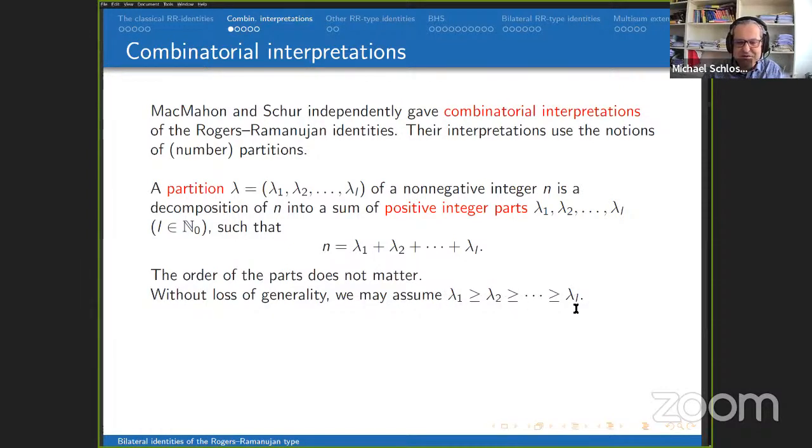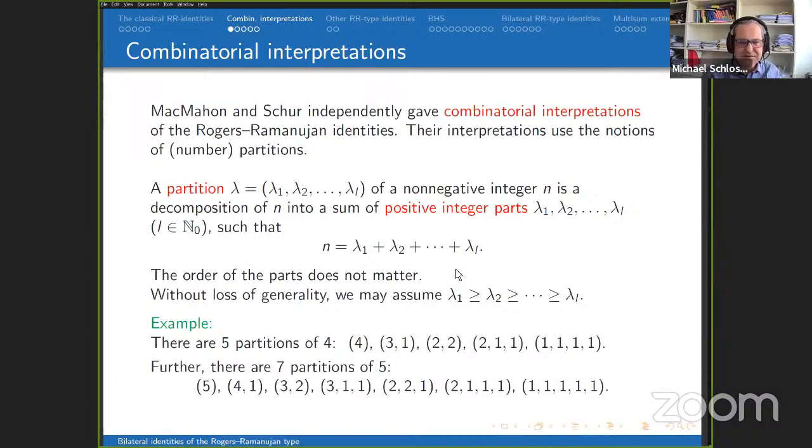So number 1 is greater than or equal to number 2. So that is a partition. The partition function P of n gives the number of such ways to decompose n into positive integer parts.